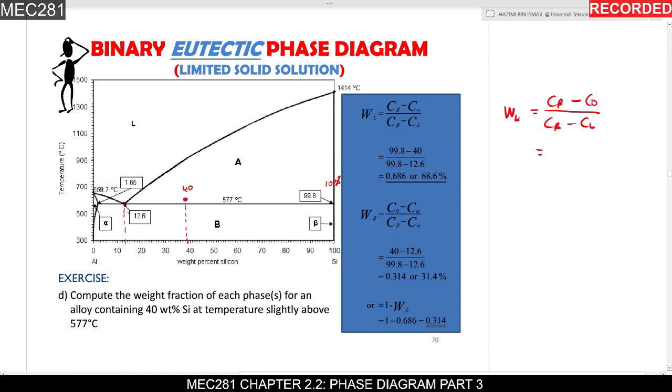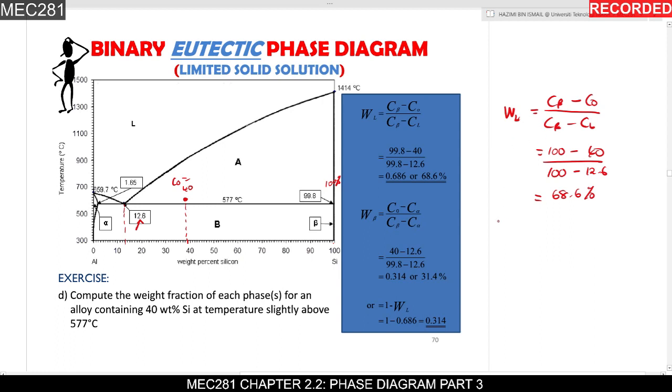So this value is given in the phase diagram, 12.6. Okay, so C beta 100 minus 40, this one is C0, over C beta 100 minus that eutectic point, 12.6. So that is your value, 68.6%. So this is the weight fraction for the liquid phase.